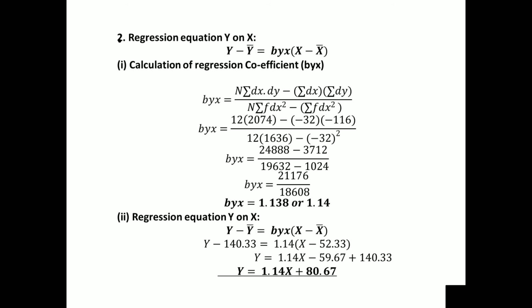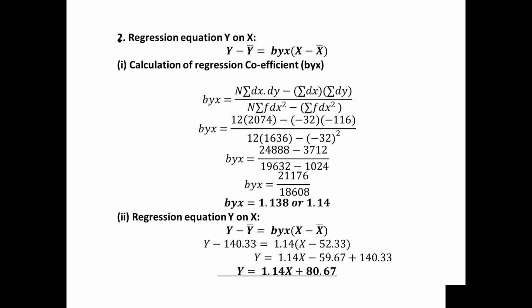When we substitute the values into this formula, we obtain the byx coefficient, which is equal to 1.14. When we substitute the byx value and also the y bar and x bar values, the equation of y on x is obtained, that is y is equal to 1.14 x plus 80.67. So this is the regression equation y on x.